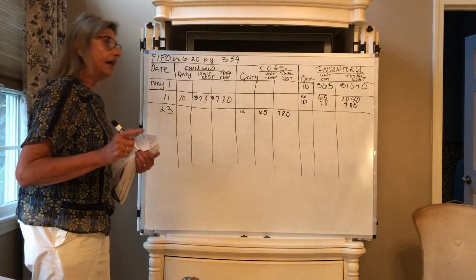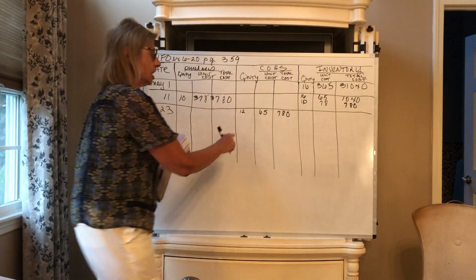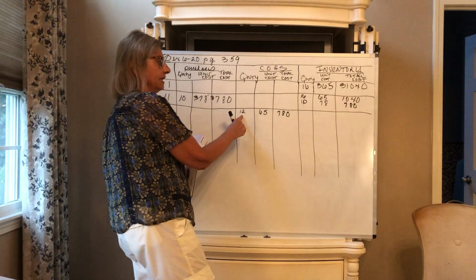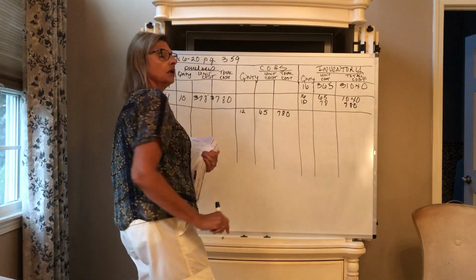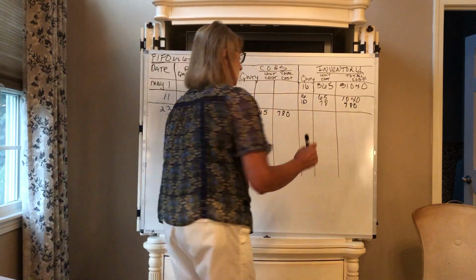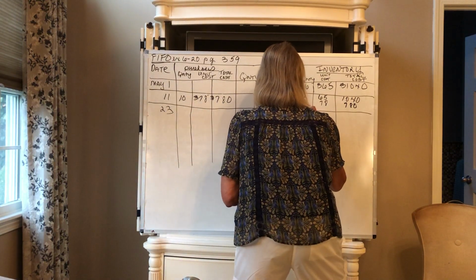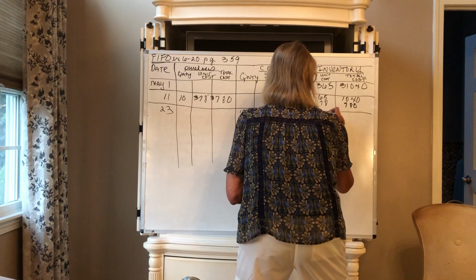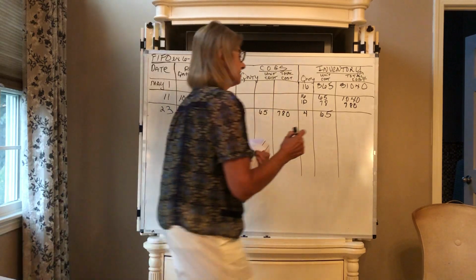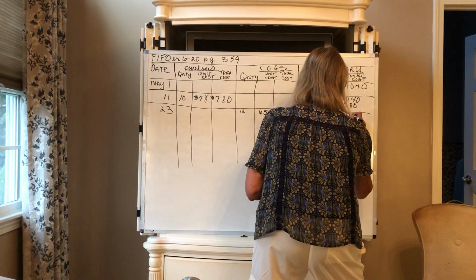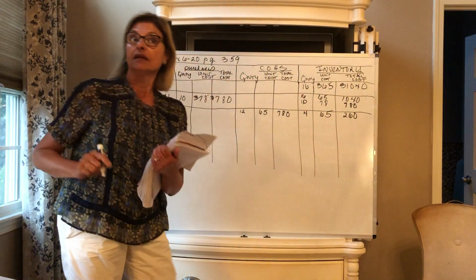So what do we have left? We have to subtract. We sold 12 of the $65 tier, so subtract 12 from 16. That leaves 4 units at 65. And that would give us 260. And then of course we didn't even touch the newer tier or the newer layer.